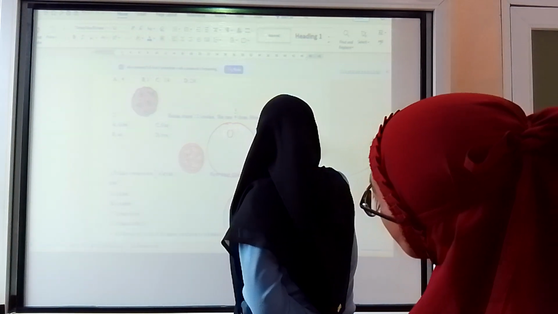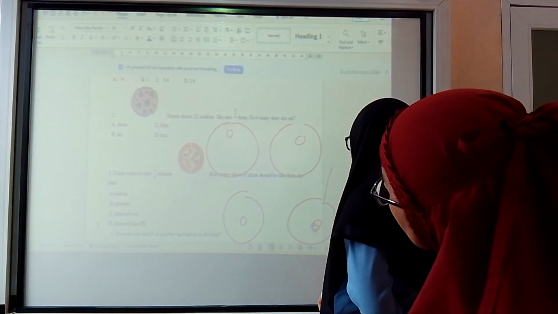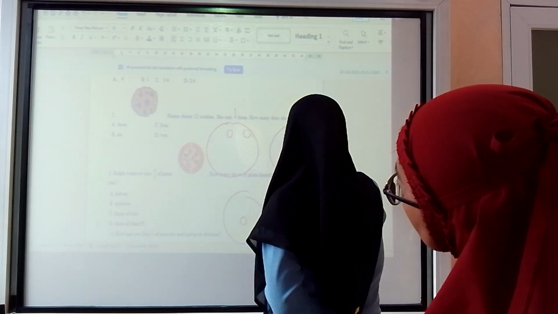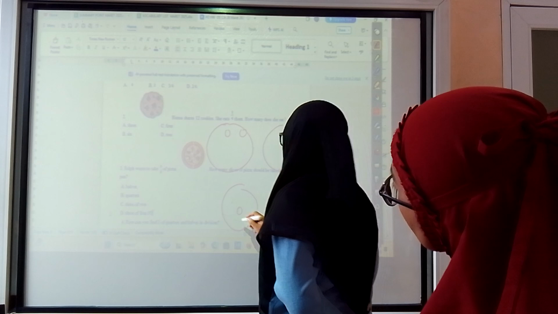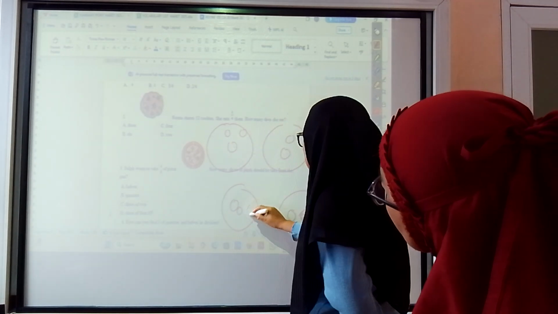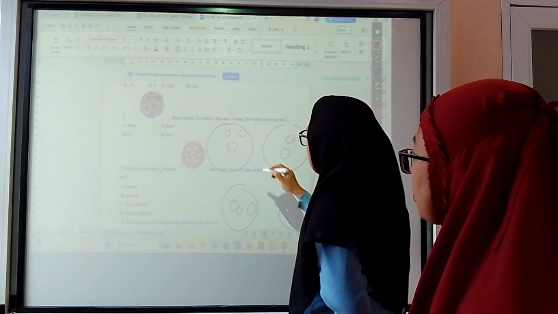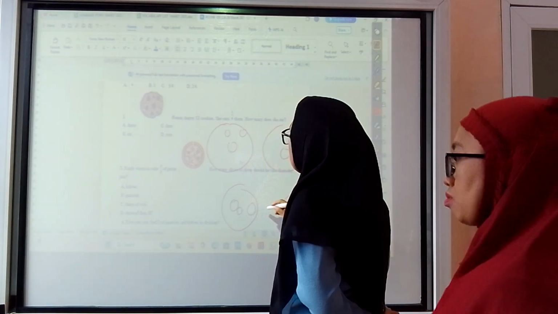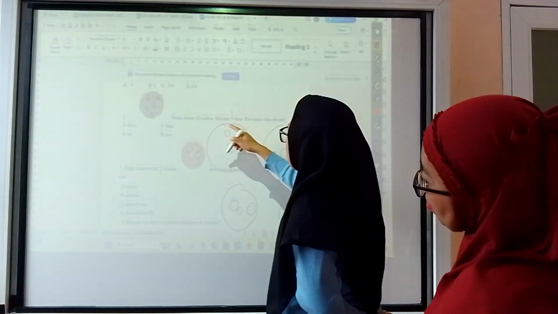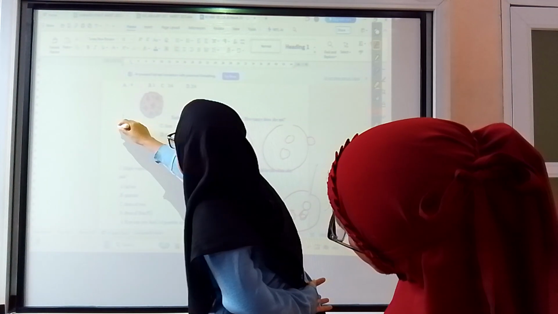So 1, 2, 3, 4, 5, 6, 7, 8, 9, 10, 11, 12. After that, they know that each group has 3 cookies. So a quarter of 12, the answer is 3. This is A.